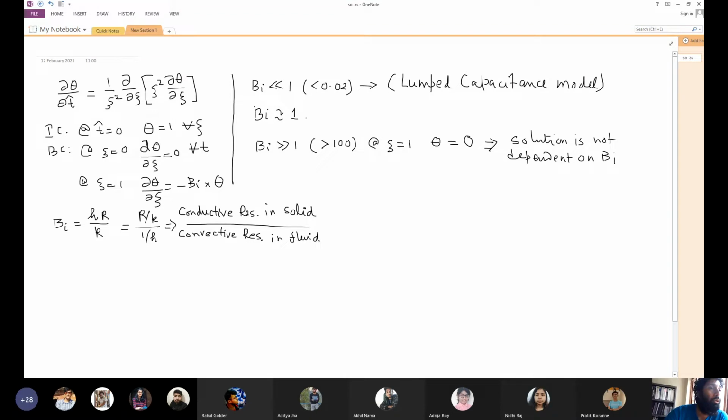So now the question is how we get the solution. We know that when zeta is equal to 1, theta is equal to 0, right?